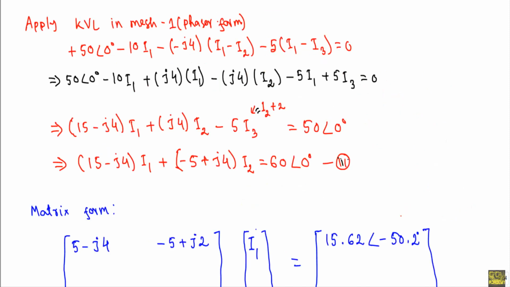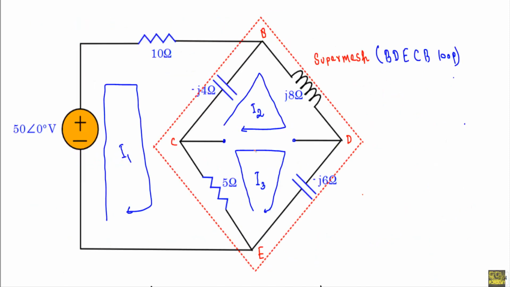So if I replace the current source with an open circuit and merge mesh 2 and mesh 3, I will get the area shaded by this rectangle, and that will be our supermesh. So the supermesh will be the B, D, E, C, B loop. Okay, this is our supermesh.